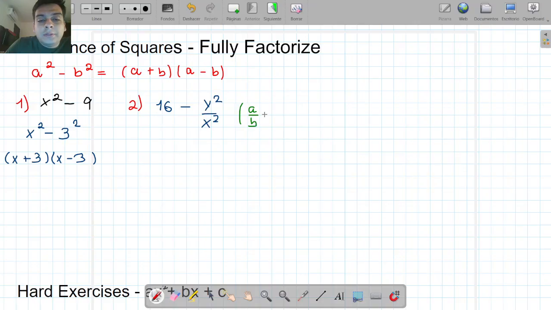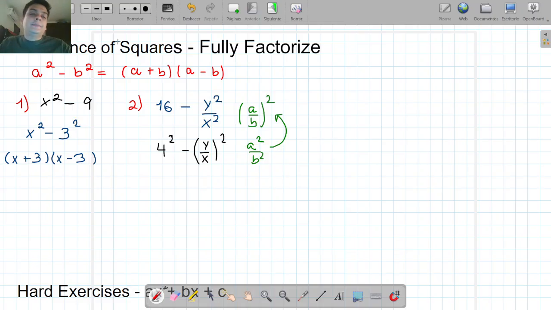When we have things like this, the exponent used to be distributed, but in this situation we are going to do the opposite, which means that we write this part as y over x in parentheses squared, and the 16, of course, we write like 4 squared.